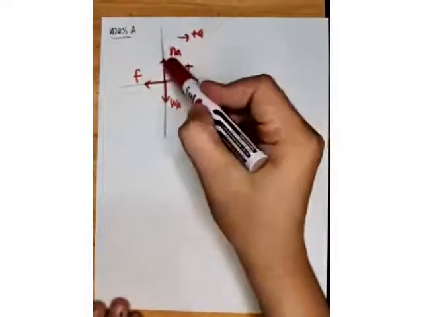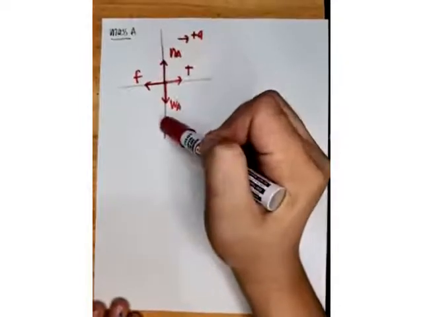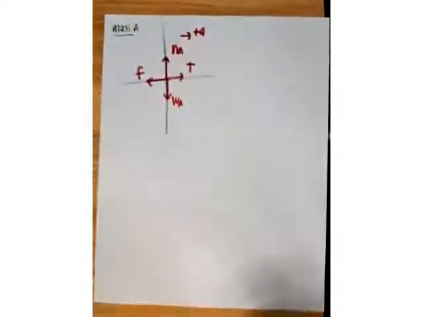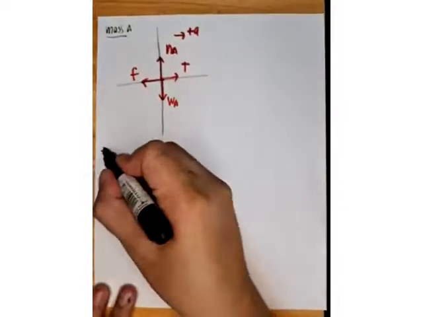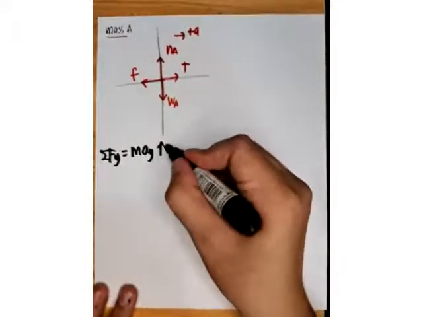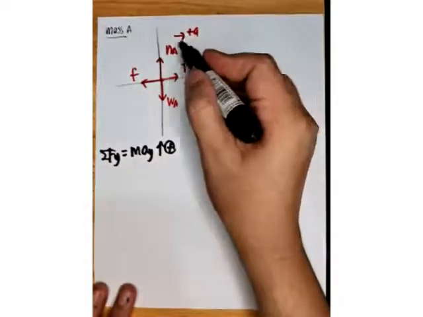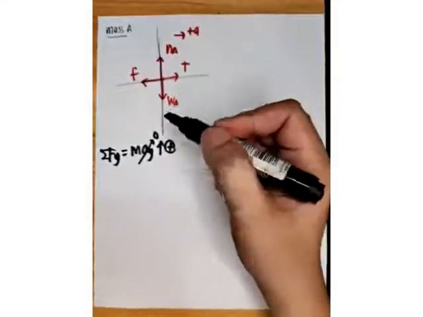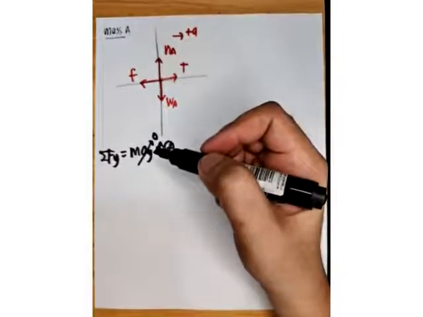So in this case, our normal force is along Y, so we will apply the second law along Y first, because we need the normal force. The summation of forces along Y is equal to mA_y, with upward as positive. But what's the acceleration of this object? The acceleration is only along X, so it is not accelerating along Y. The acceleration along Y is 0, so the summation of forces along Y is 0.